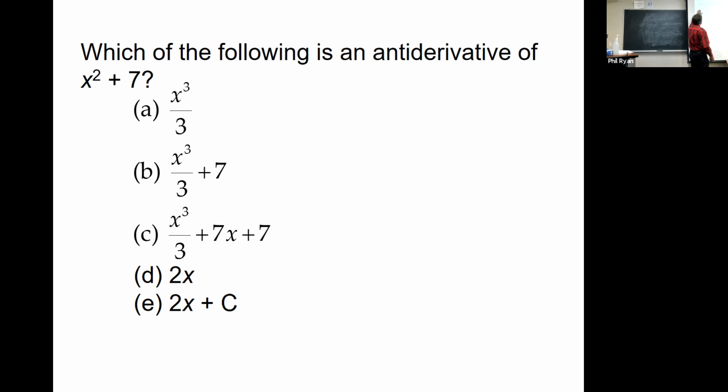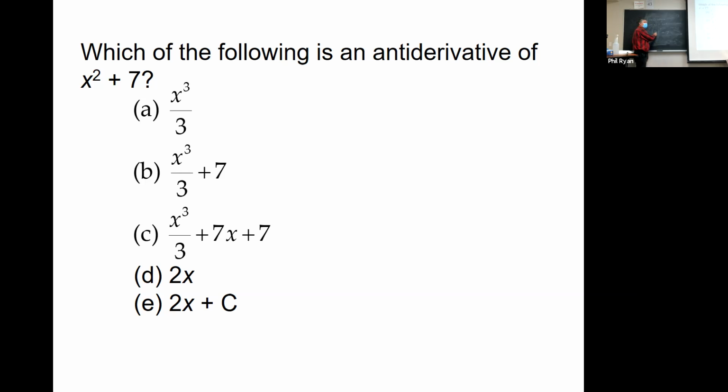So the antiderivative of x cubed is x cubed on 3, so that's correct. But what's the antiderivative of 7? No, because when we differentiate it gives us 7. What has a slope of 7? Right?